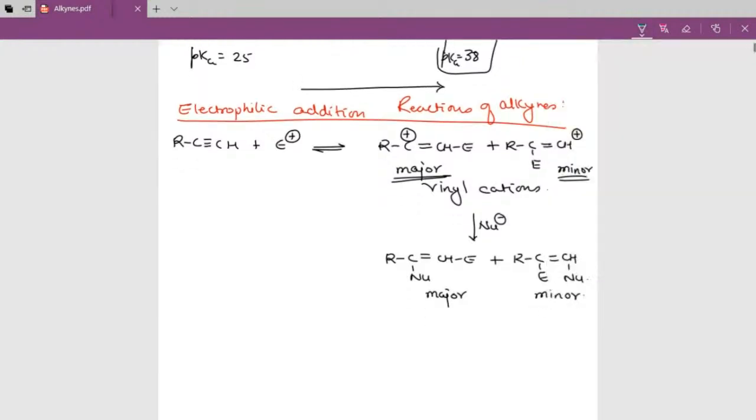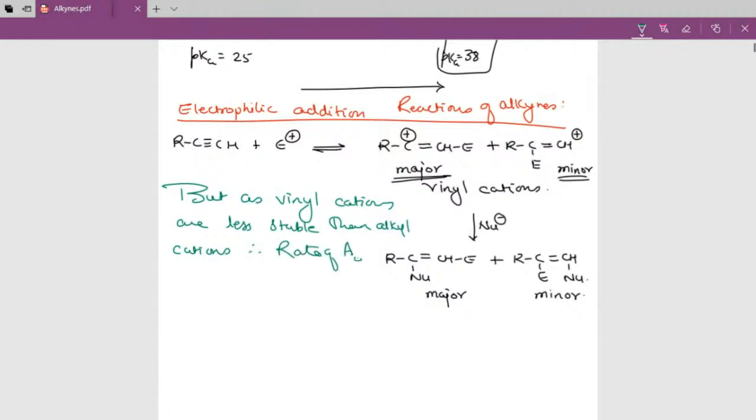But please take a note, as vinyl cations are less stable than alkyl cations, therefore the rate of electrophilic addition on alkenes is higher than that on alkynes.